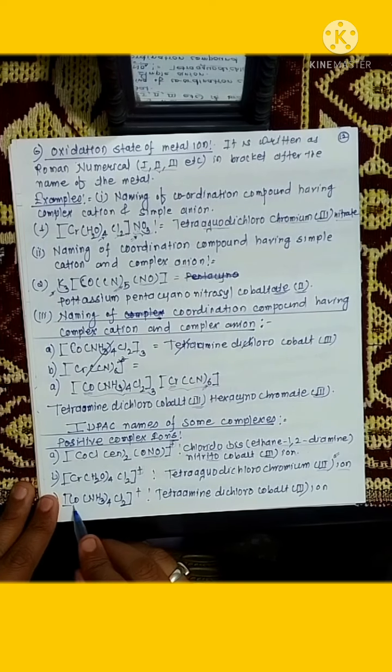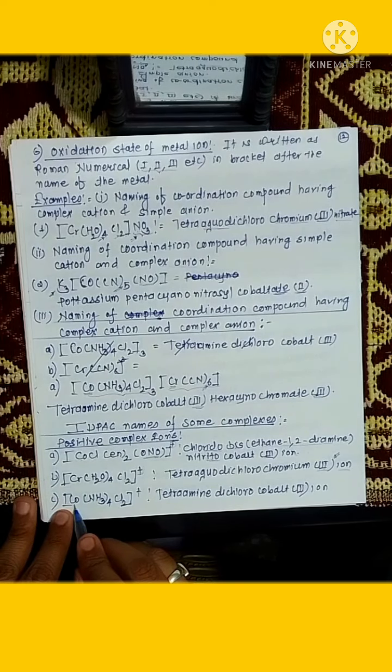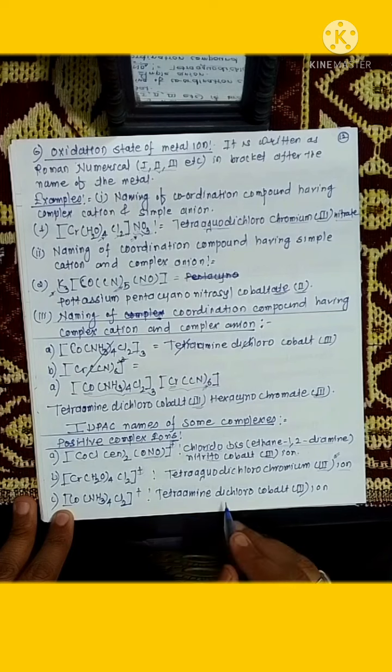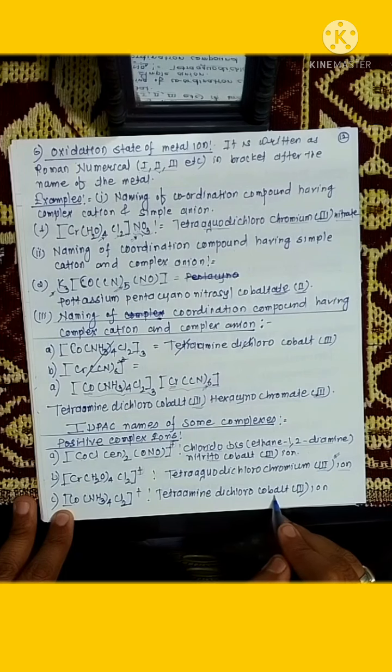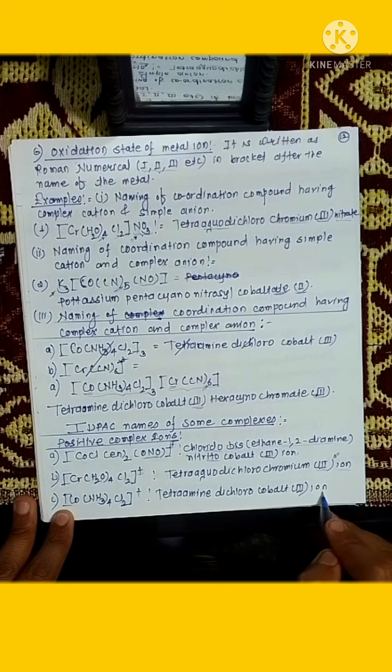The name of this complex cation is tetraammine dichloro or dichlorido cobalt(III) ion.